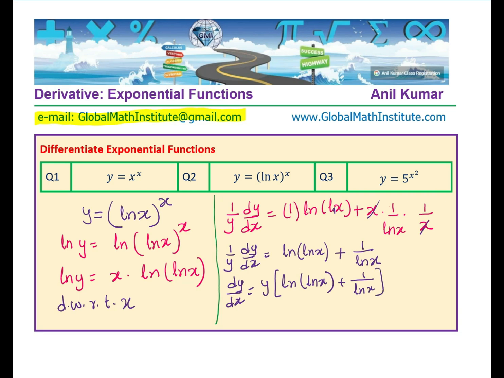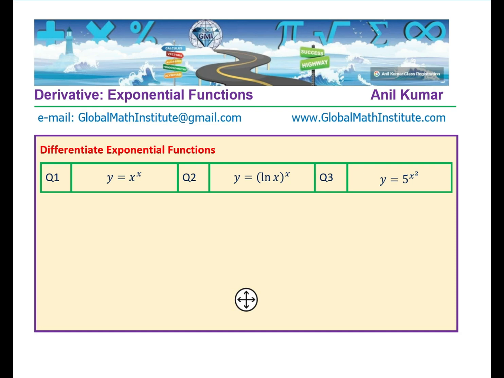And substituting the value of y, we finally get our answer: ln x to the power of x times ln of ln x plus 1 over ln x. Do you see how we could find the derivative of this particular function? So I hope these steps are absolutely clear. The last one is not so difficult.